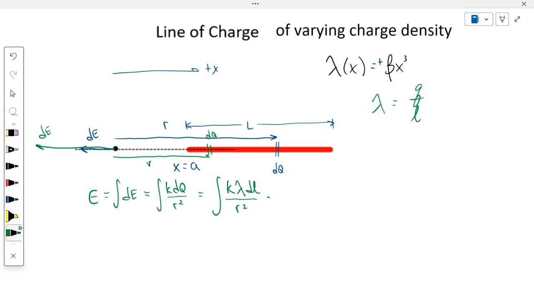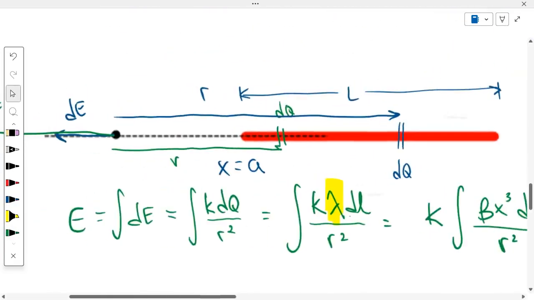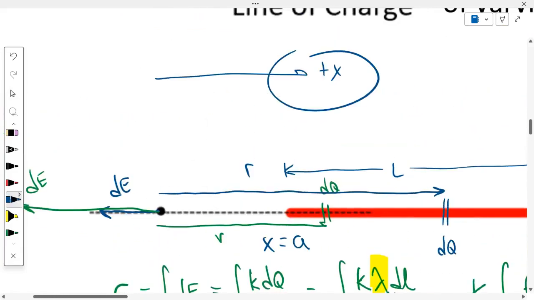What we have to do now is use our expression for the charge density in our integral. I'm going to pull out this k, and we have beta x to the third dl over r squared. Holy mackerel! So we've got lots of different variables here, but they really all mean the same thing. We have defined this as the positive x direction.